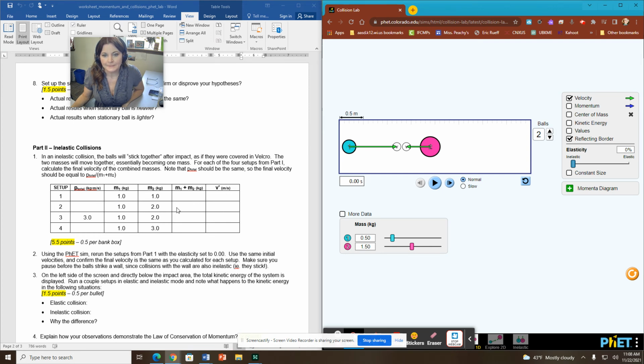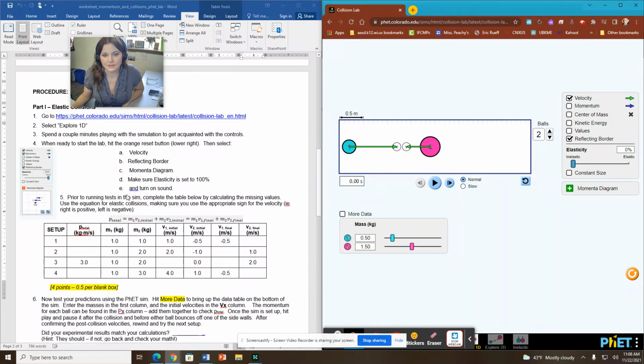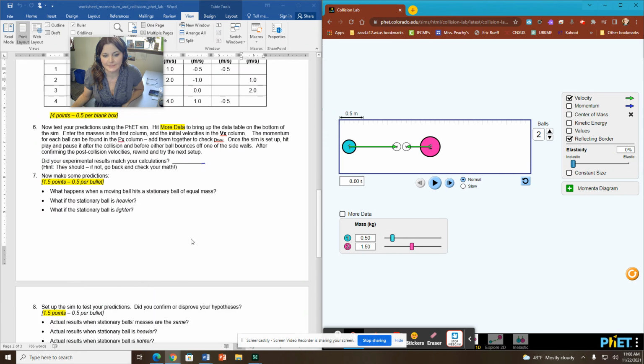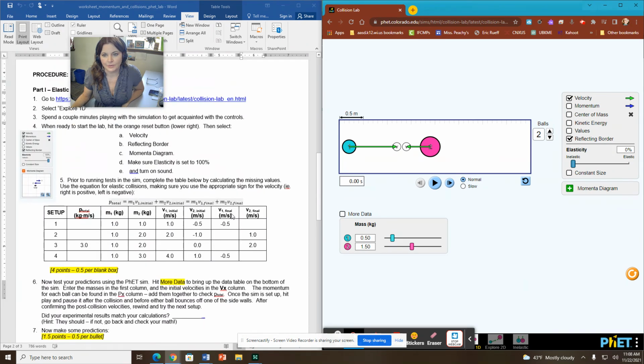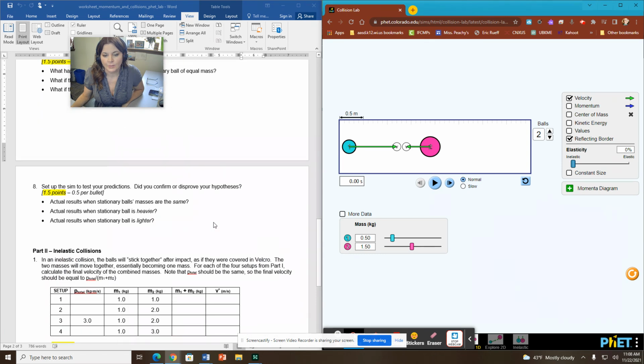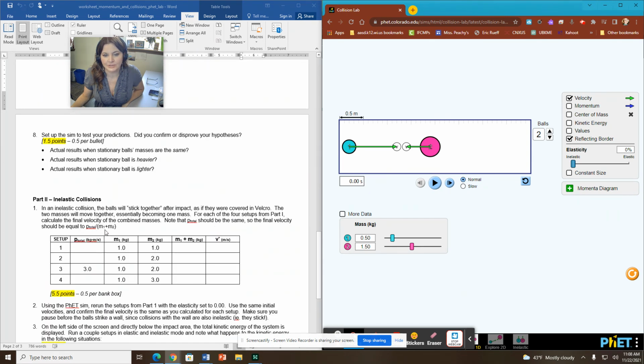And remember that we are going to still use this set of equations, except our final equations, instead of being M2 V2 plus M1 V1 final, we actually combine them together and do the final velocity times M1 plus M2 combined, right?